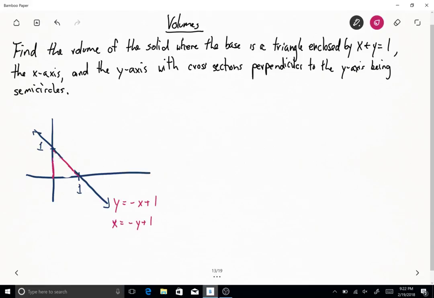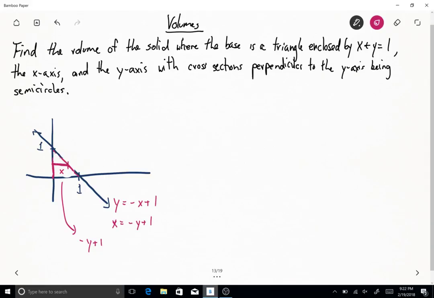Since we're going perpendicular, if we have this distance, we can always find that distance, right? That distance is just x. Or, another way to write it, that's negative y plus 1. That might be a little bit better. So x equals negative y plus 1.